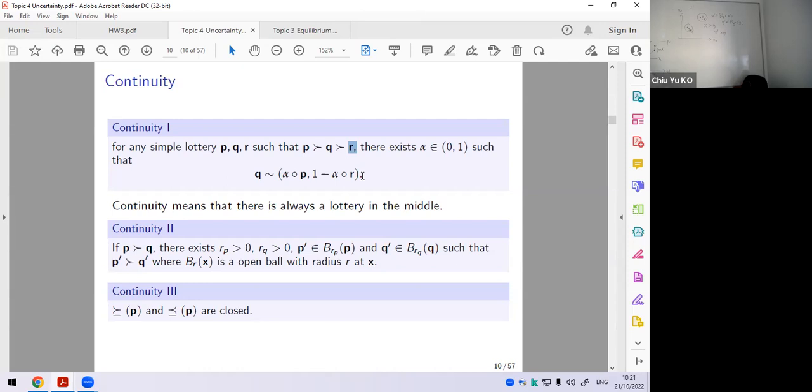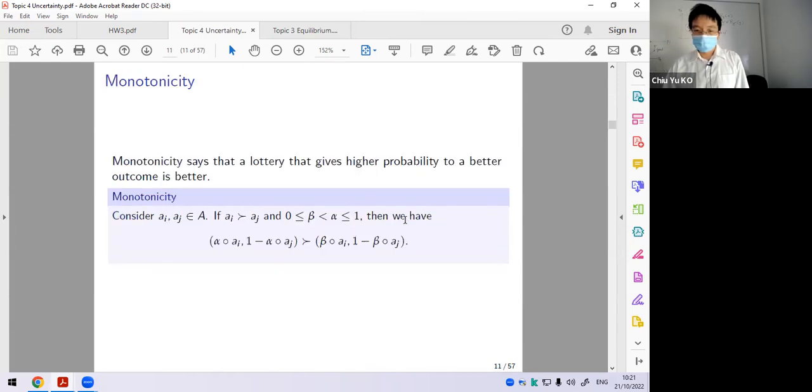So maybe I'll give monotonicity a break, because I think we're already over time. I'll just give the last one; this is very easy.